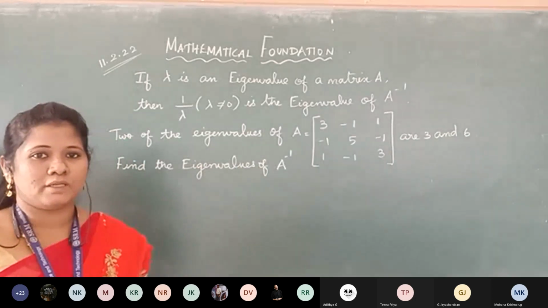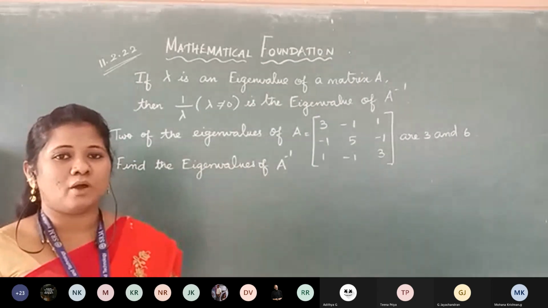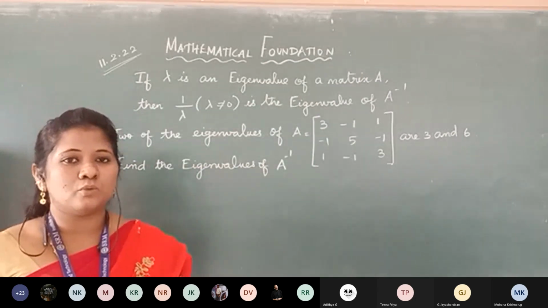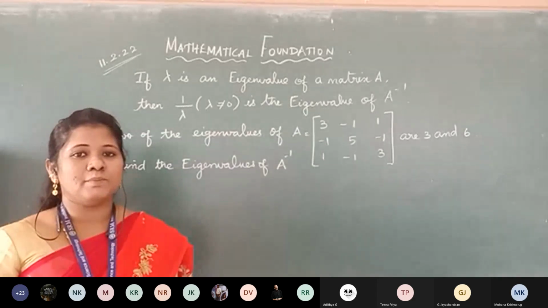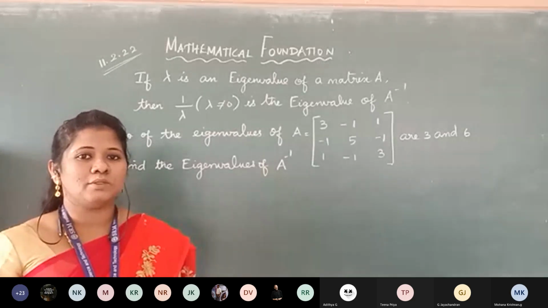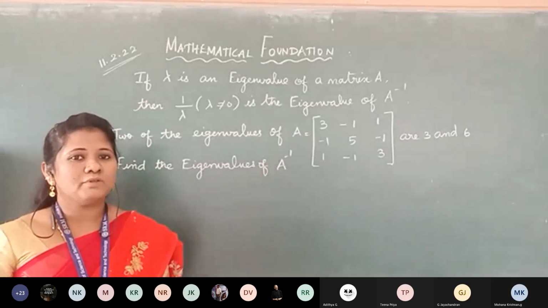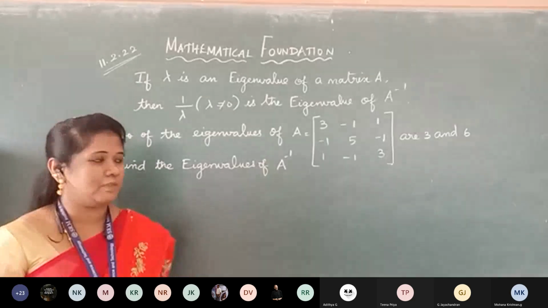They have given you 2 eigenvalues. So since they have given you 2 eigenvalues, you can find the third eigenvalue. How do you find out? One, you can do it with the sum of your eigenvalues equal to sum of the main diagonal elements. Two, you can do it by product of the eigenvalues is equal to determinant of A. I will do it with the sum of the eigenvalues equal to the sum of the main diagonal elements.